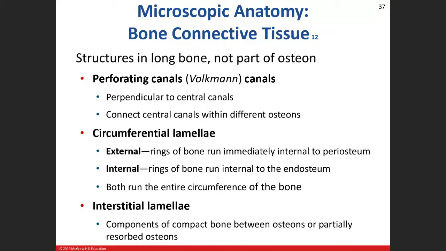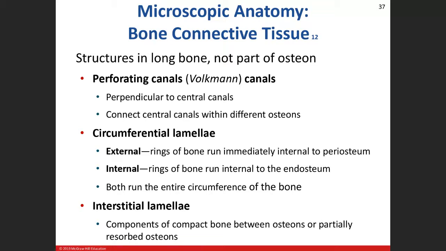Okay, so the other type of lamellae, we talked about the concentric lamellae, and those are the ones that go around the central canal. Now we have what's known as the circumferential lamellae. What's the circumference of a circle? The outside of it, right? Exactly.